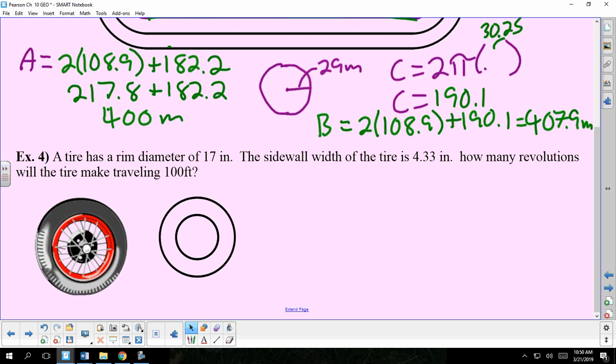There's my tire. I have a rim diameter, that's all the way across, of 17 inches. And then the sidewall is 4.3.